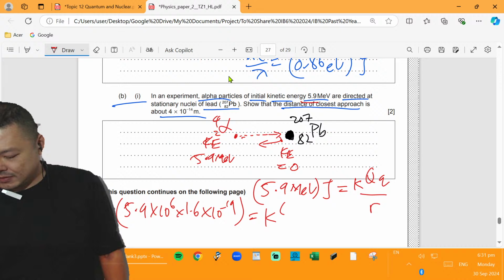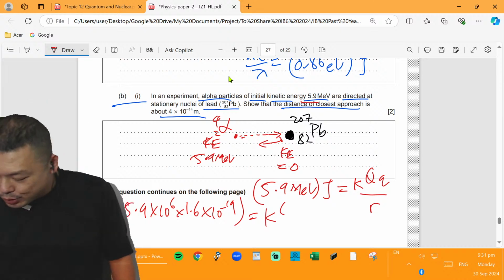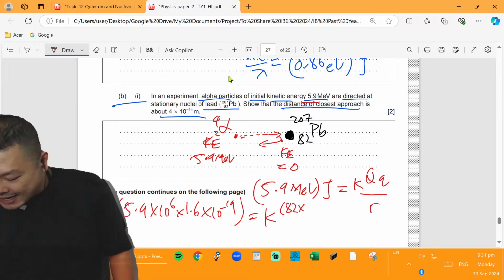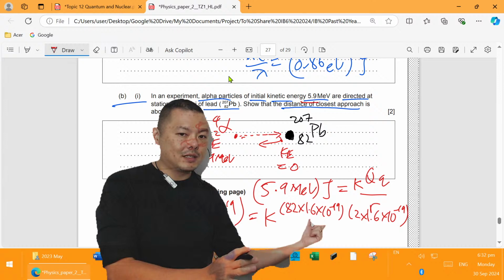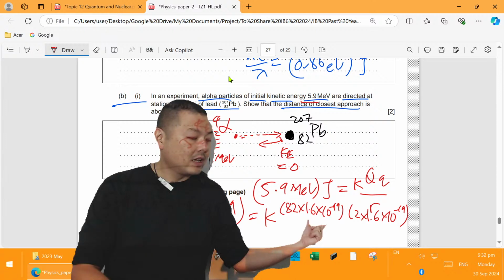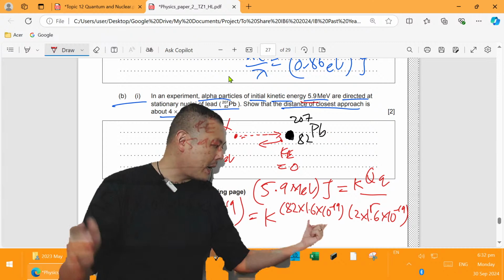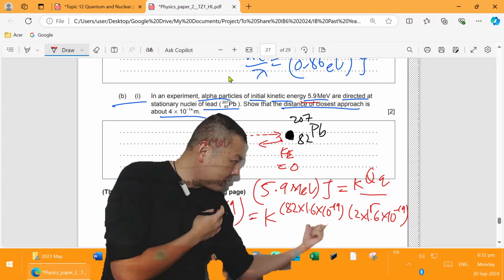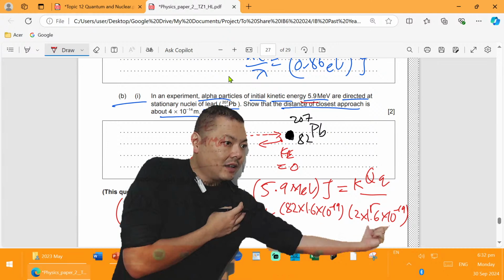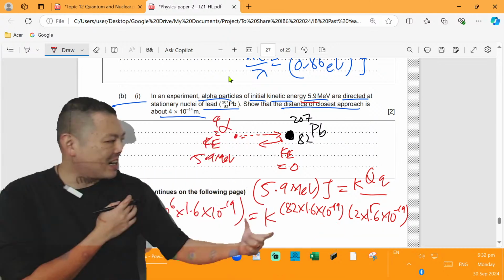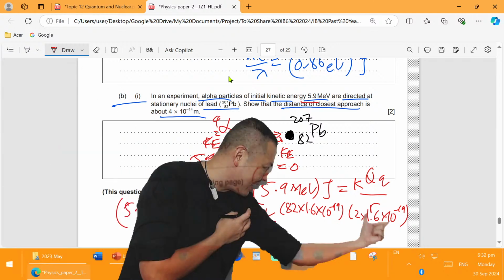What's big Q? 82 times 1.6 times 10 to the power minus 19. I know this for a fact, because in the past few batches, they forget to multiply by the elementary charge. They think it's just 82, but it's this term times that term.